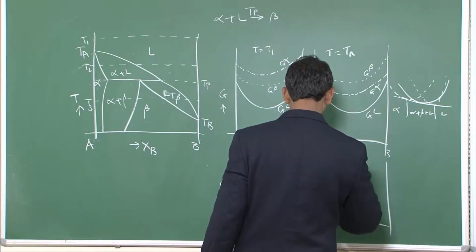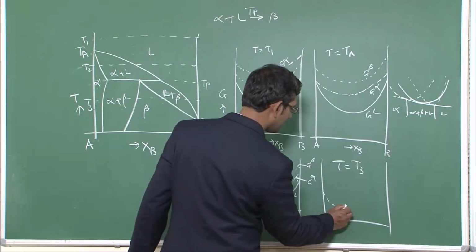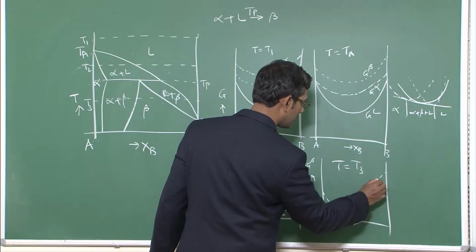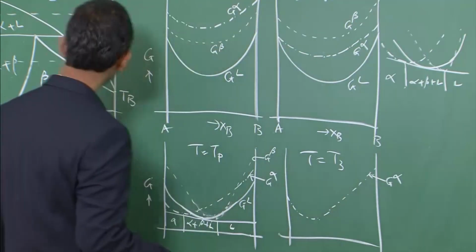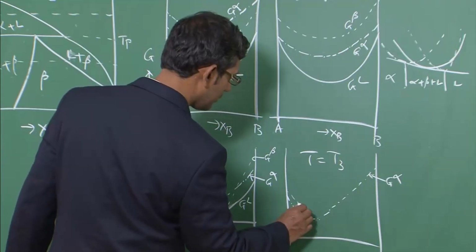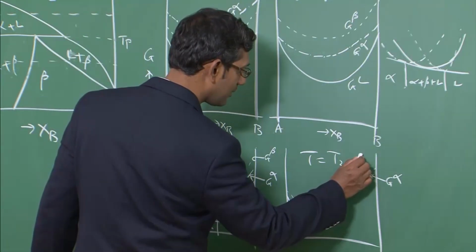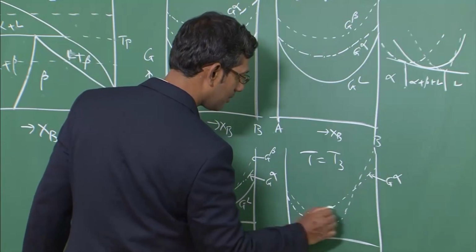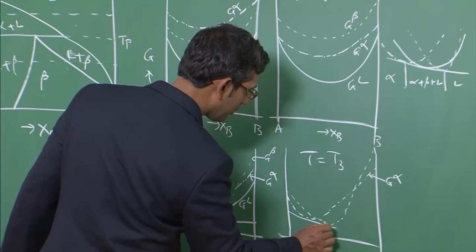Alpha will be stable for a certain composition range, then it will go up. This is for G alpha. Then G beta will cross over, G beta will be above. Okay. It will cross over and remain like this.